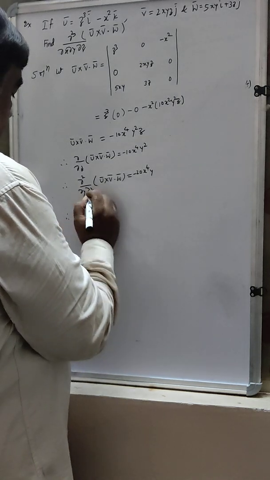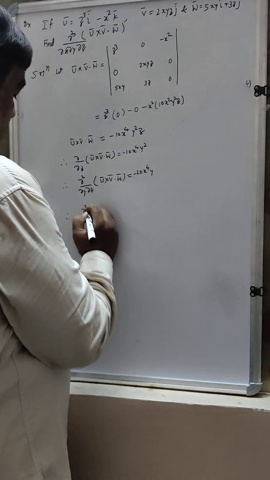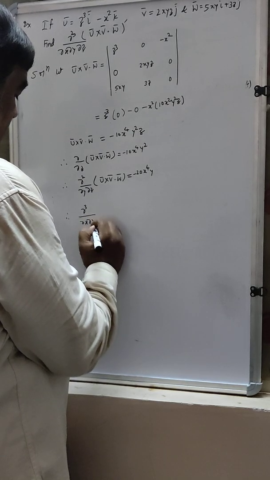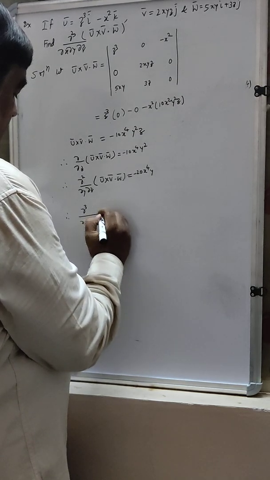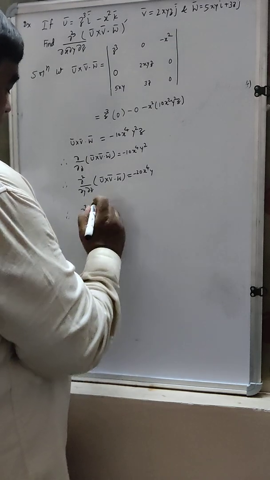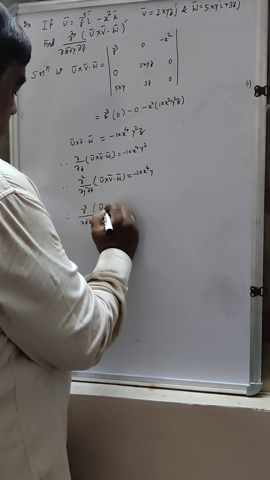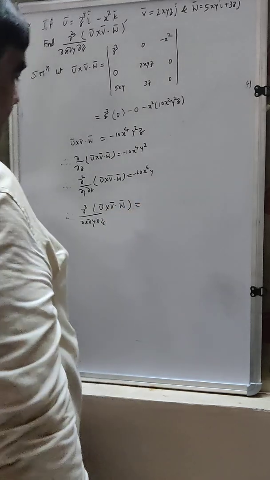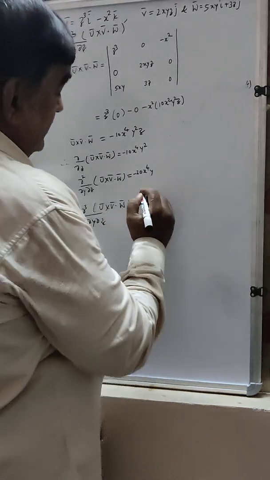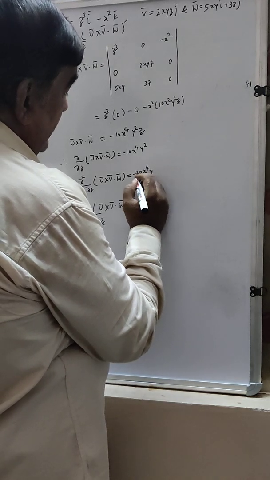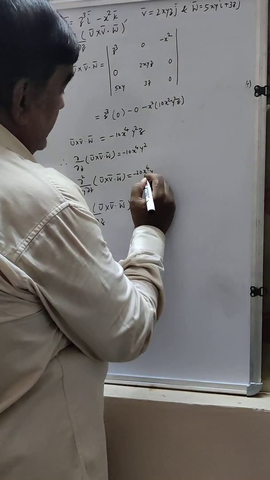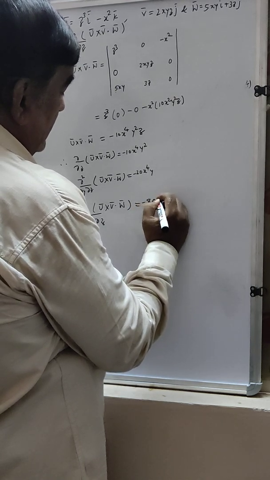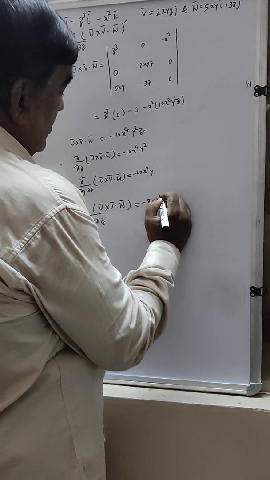Again differentiate this with respect to x. ∂³/∂x∂y∂z of u vector cross v vector dot w vector is equal to: with respect to x, minus 20y is constant, derivative of x raised to 4 is 4x cube, minus 80 x cube y.